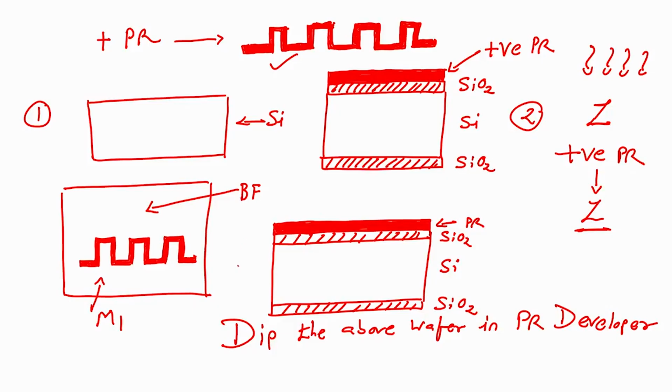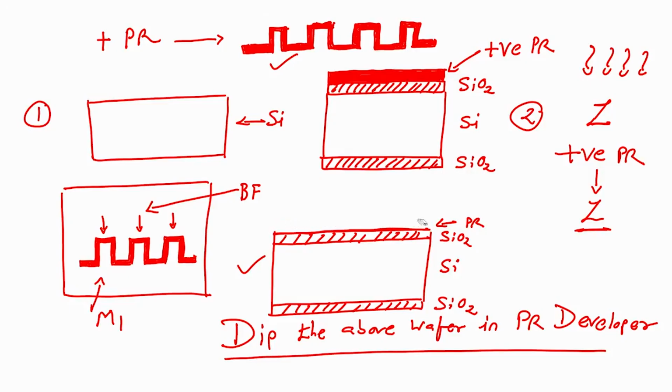So, in this particular case, the area which was not exposed, the area under this pattern, and what is the characteristic of positive photoresist? The area which is not exposed gets stronger. So, when I dip the above wafer in the photoresist developer, what will happen? This will happen. What will happen? This thing will happen. You see here.